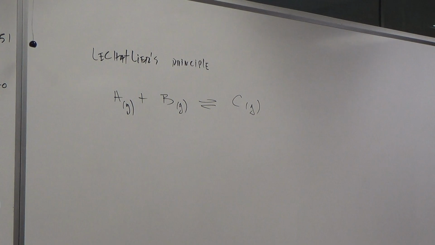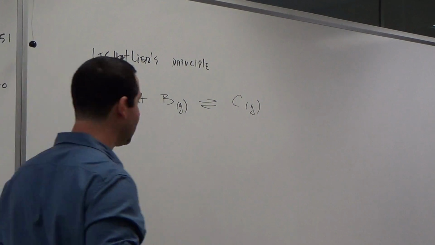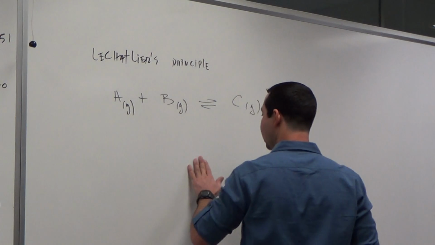So if I change the concentration, did I disturb the system? Yes. If I change the pressure, did I disturb the system? Yes. If I change the volume? Yes. If I change the temperature? Yes. Basically, the system is disturbed by whatever you do to it, except if you just look at it. If you look at it, nothing happens.